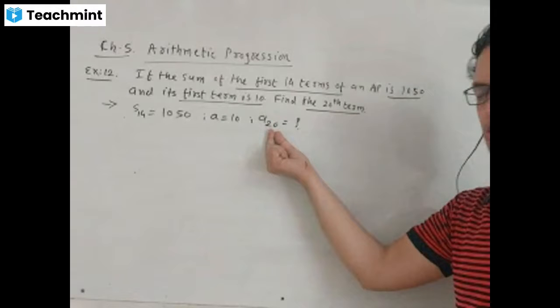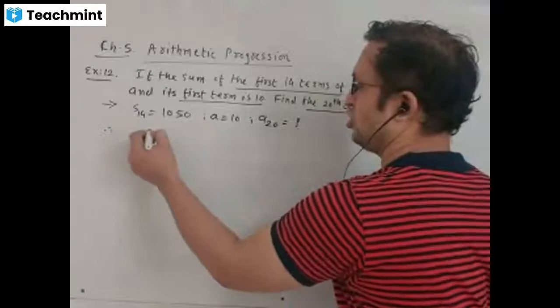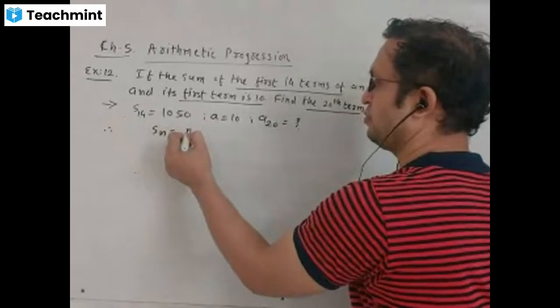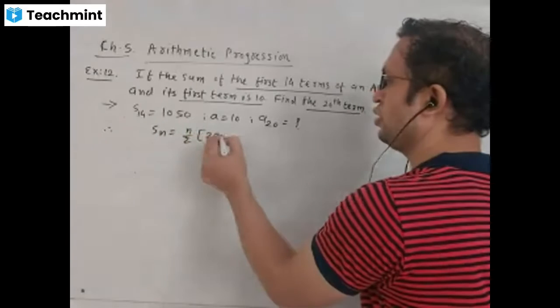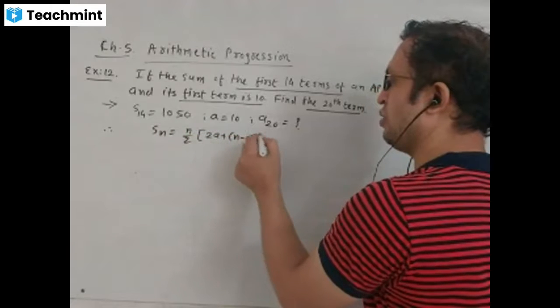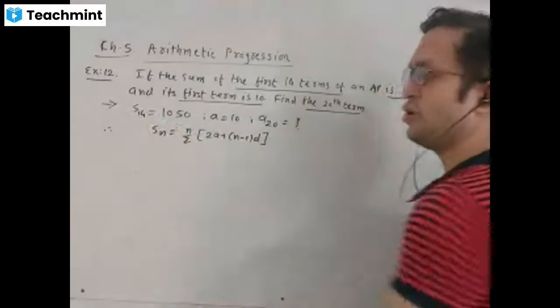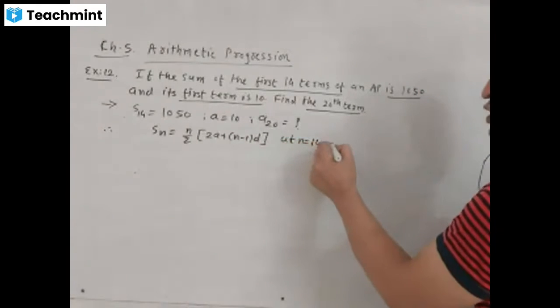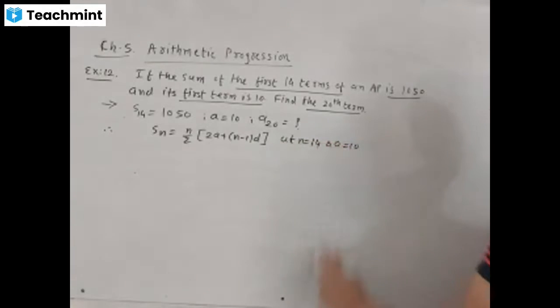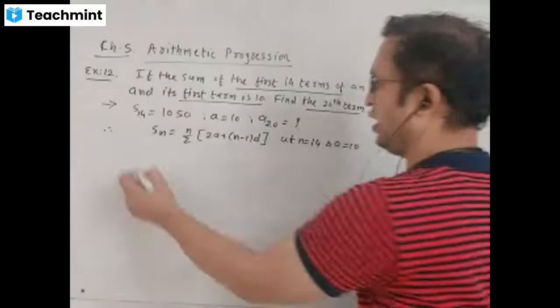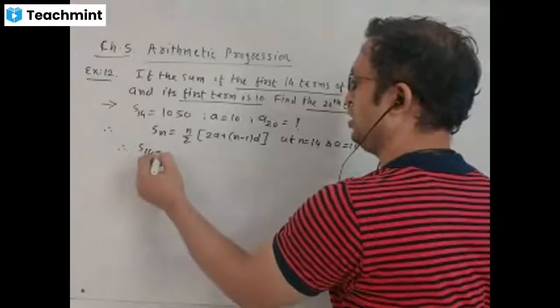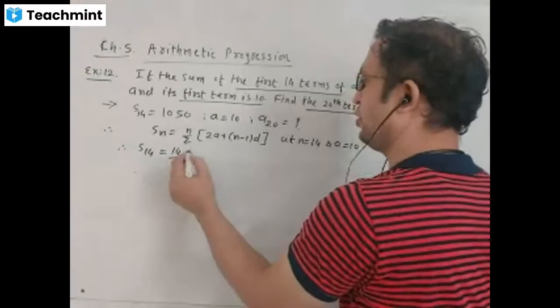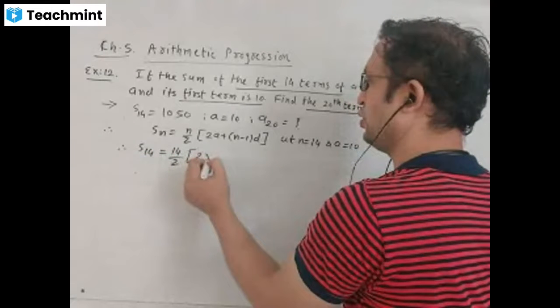Put these values in the formula. So here S14 is equal to 1050. What is the formula of Sn? n by 2, 2a plus n minus 1 into d. Put n is equal to 14 and a is equal to 10. S14 is 14 by 2, 2 into 10 plus 14 minus 1 into d.